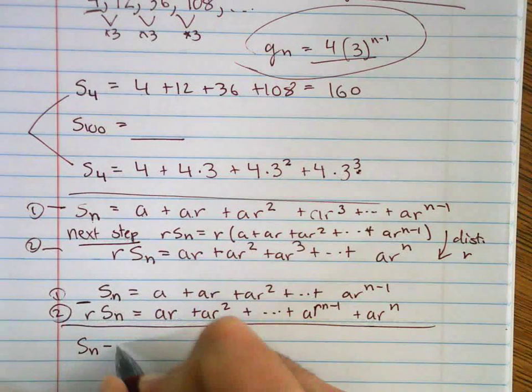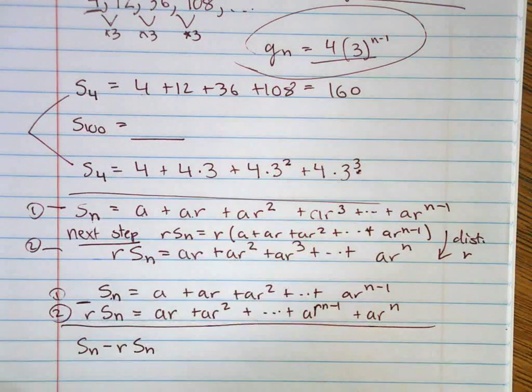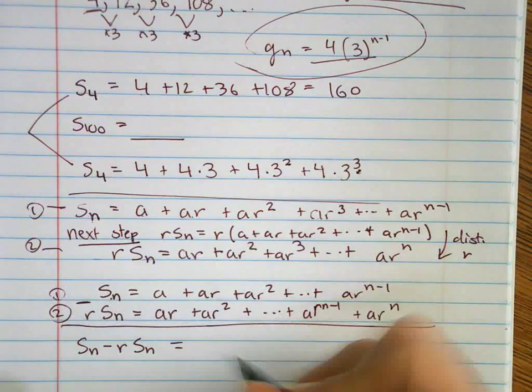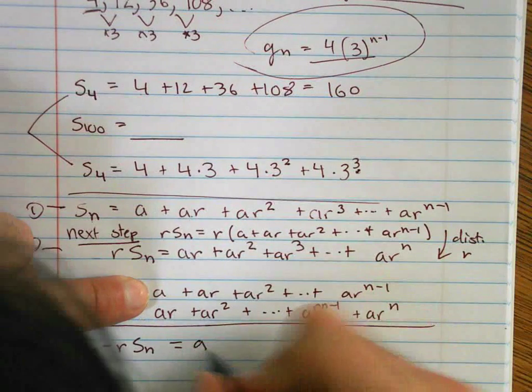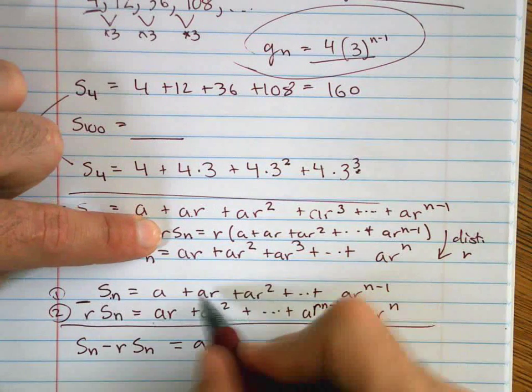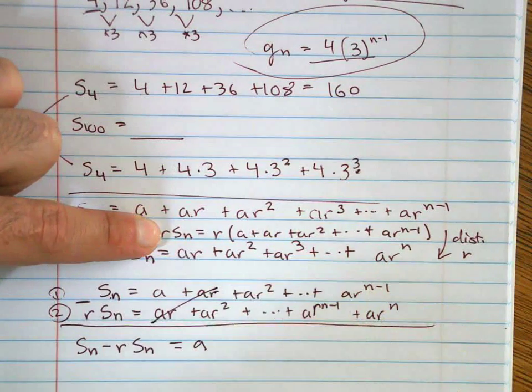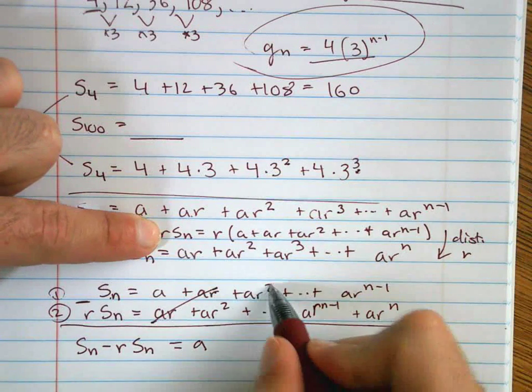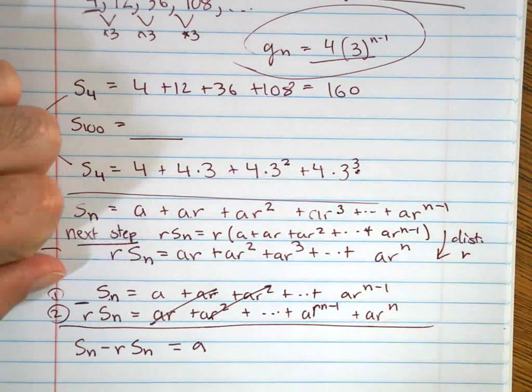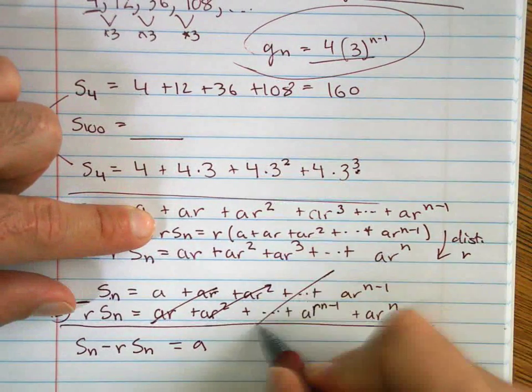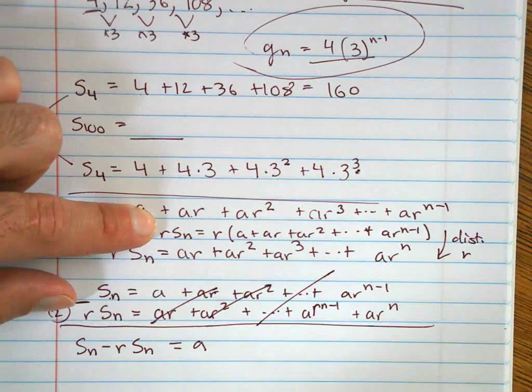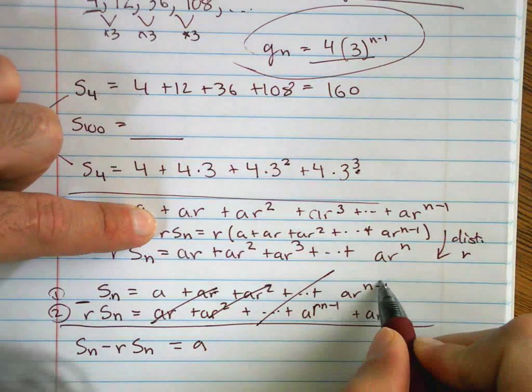I'm going ar minus ar, that's 0. ar squared minus ar squared, that's 0. And all of these are going to cancel out in between until I get to here. Those cancel out. Those are the same. And I'm going to get this minus a r to the n.